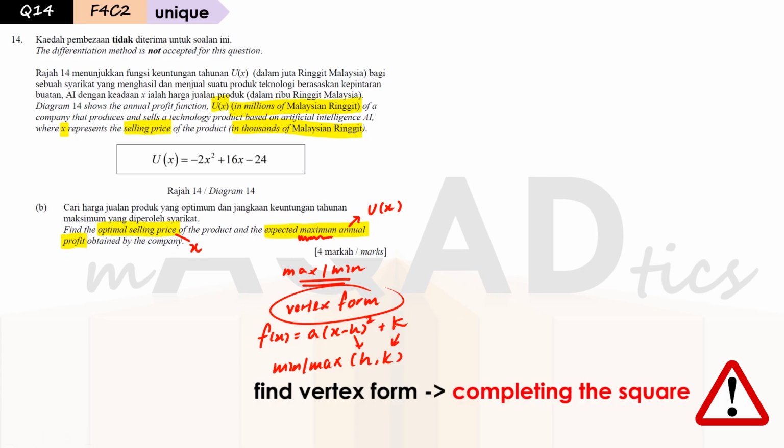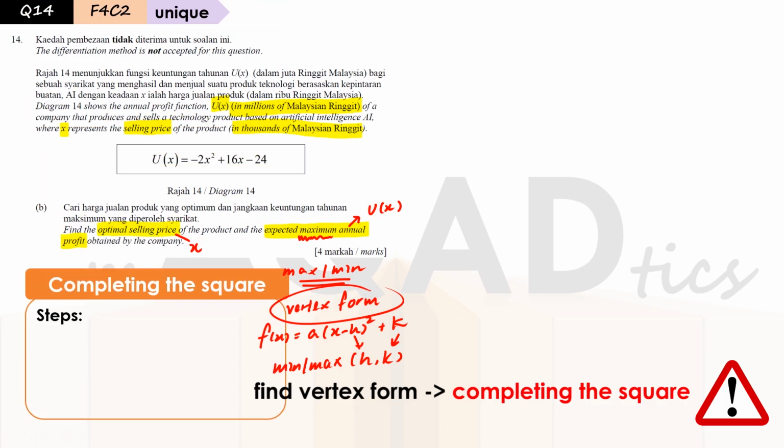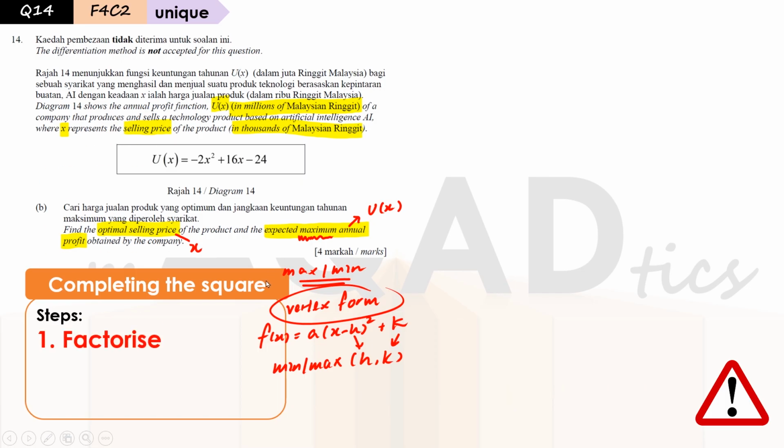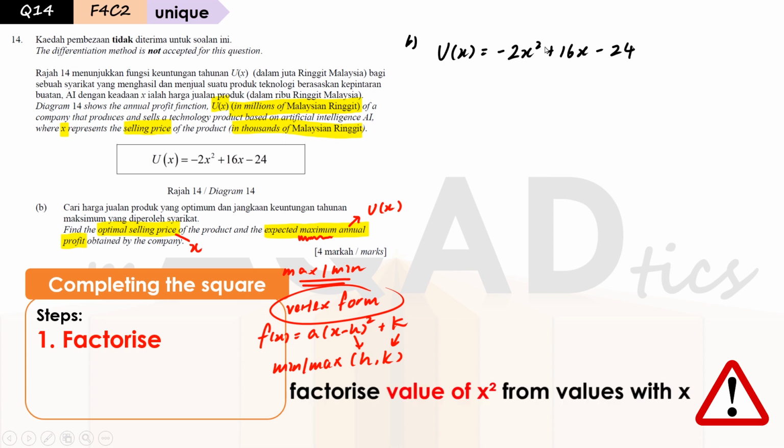Alright, so completing the square, we just need to use these 3 steps, which I'm going to let you all know step by step. Alright, so the first step is to factorize. Right, so what do we mean by factorize? From the values that have x, which is these two, I'm going to factorize the value negative 2, which is the coefficient of x squared.